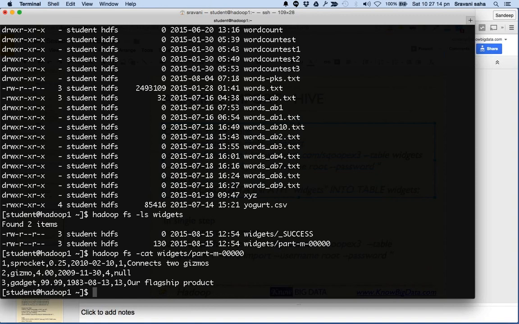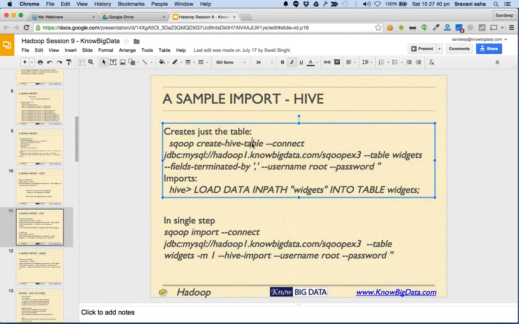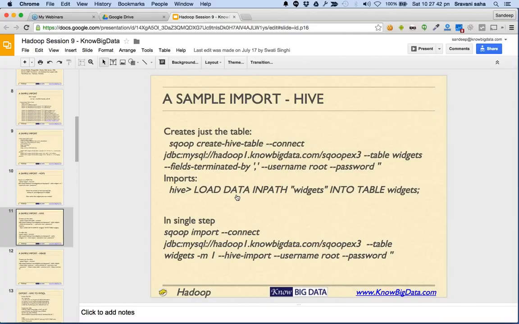Okay, so if you remember what exactly we used to do for hive table, because in hive you have tables and the data is lying in HDFS, generally you first create a table in hive, you connect to hive and say create table and so on, and then once you have created the table, you load the data from HDFS into hive.